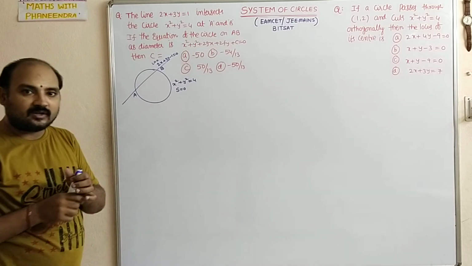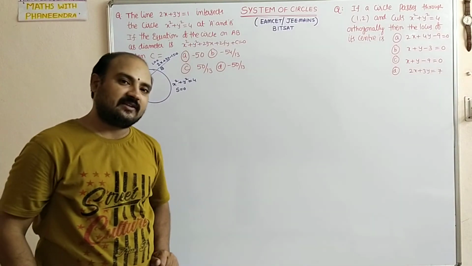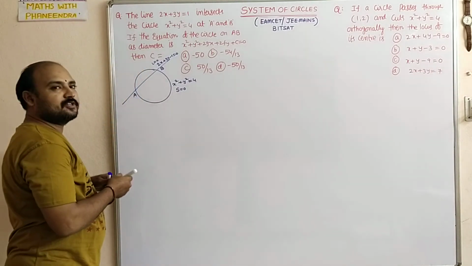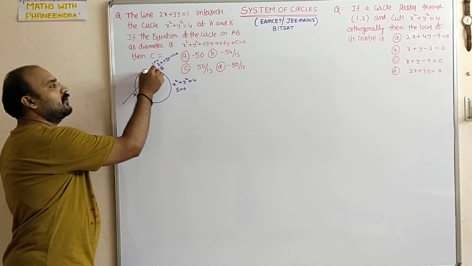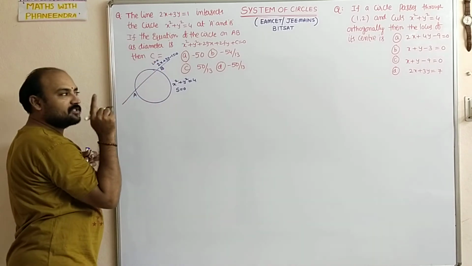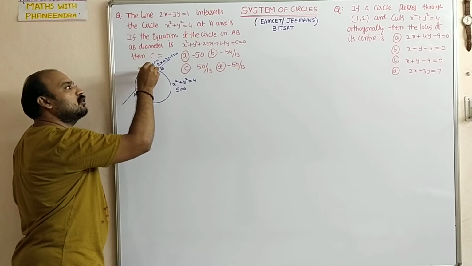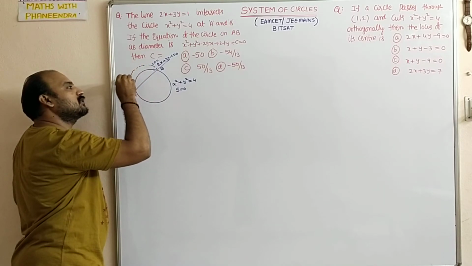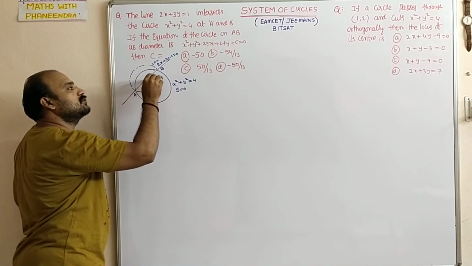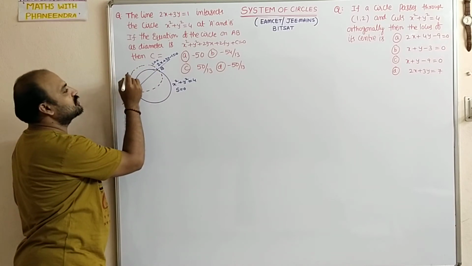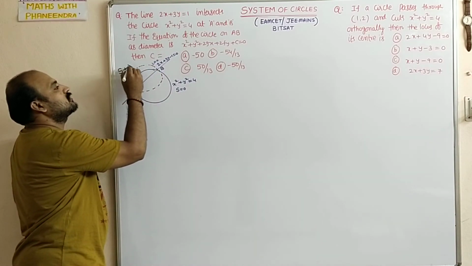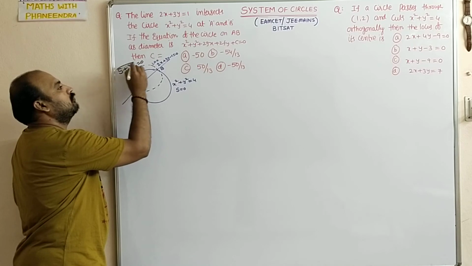Whenever a circle and a line are given, they intersect at two distinct points. The family through the points of intersection of the circle and the line is always of the form S + λL = 0.